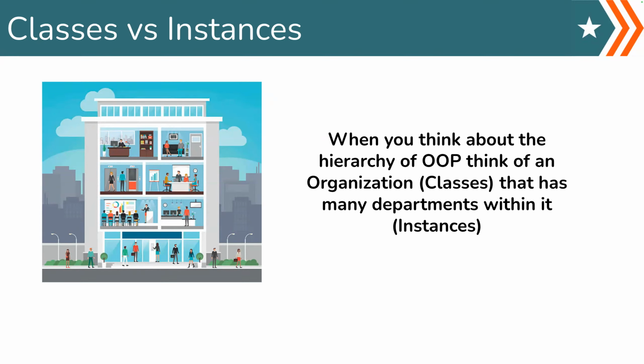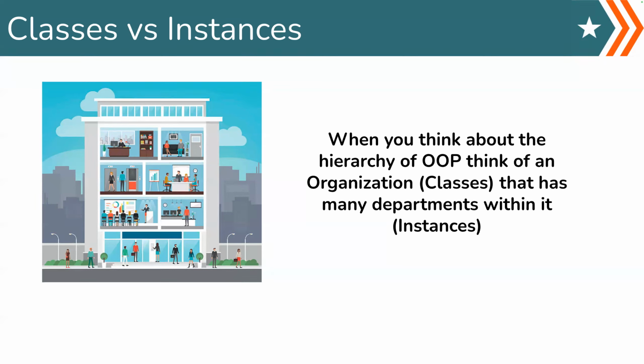One good way to think about this is when you create a class, it's like a building. You could think of it as the building for a company, if you want. It's probably easier to think of it maybe as an apartment building. Because in this apartment building, there's individual apartments, and each of them has the same layout.